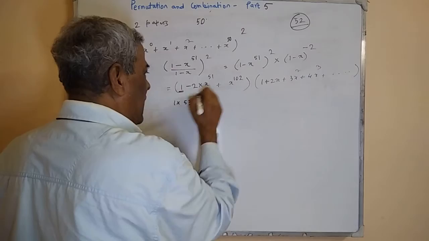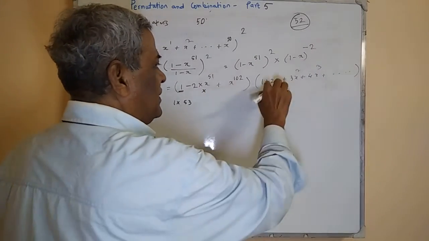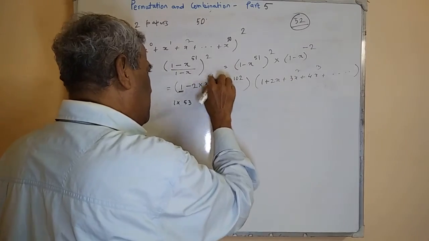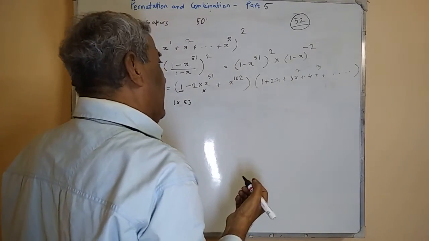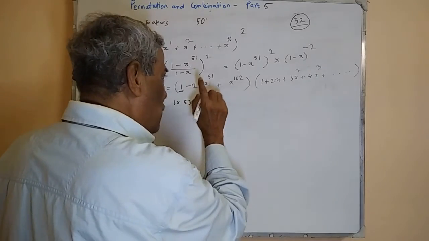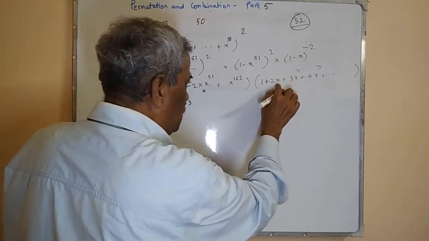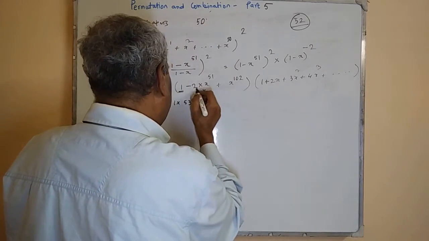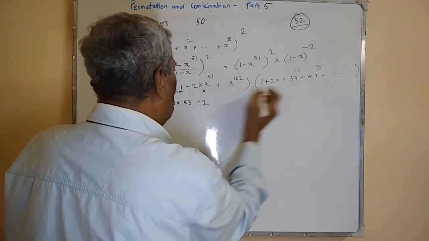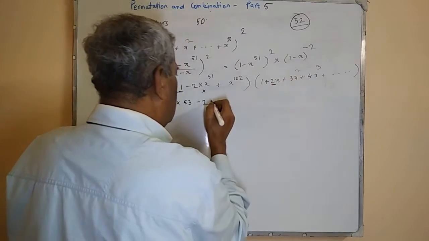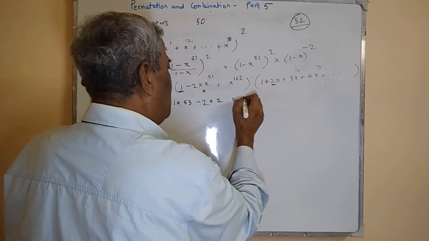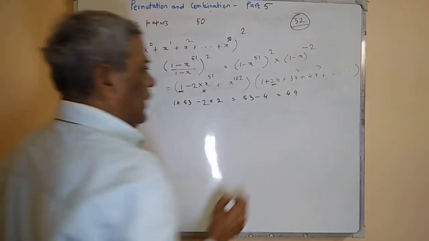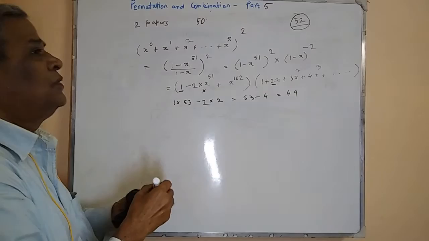Then multiply with the other factor: here is x^51, and we want only one more. x^51 into x means x^52, so we multiply minus 2 with its coefficient, which is 2. So 53 minus 4, that is 49 different ways he can score 52.